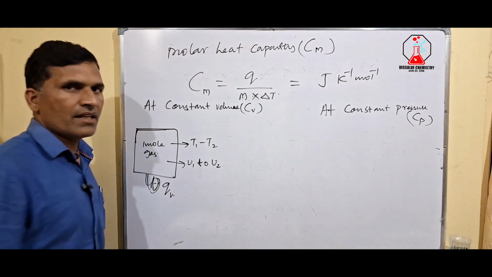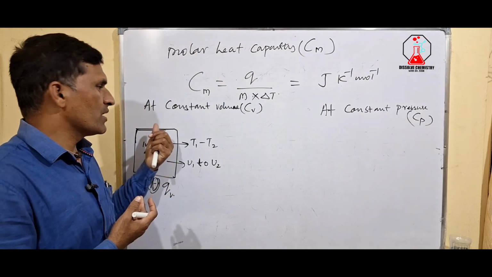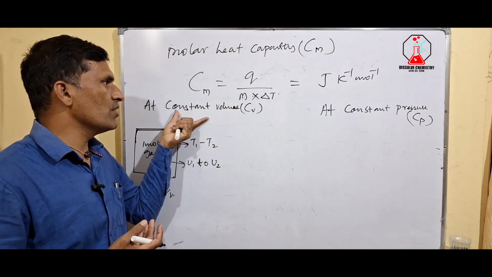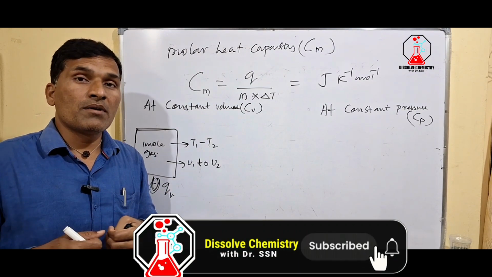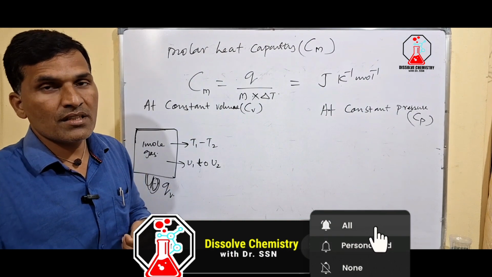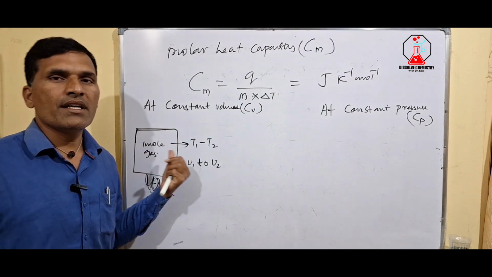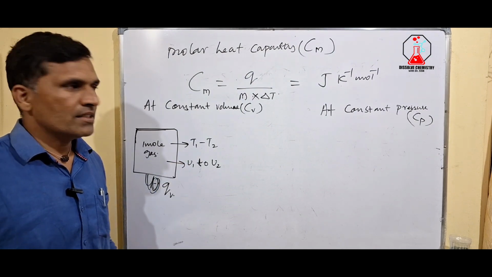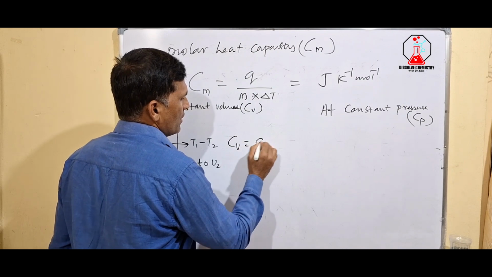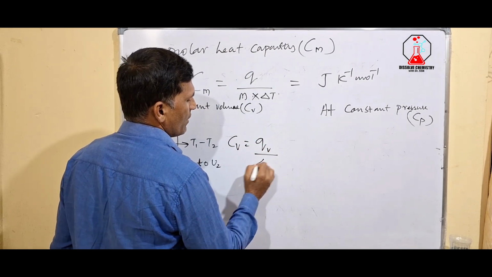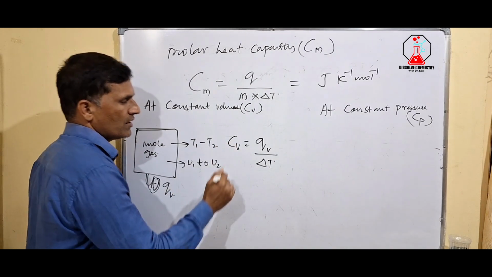Apart from that, is there any other change? We are not allowing the system to do work because it is a closed vessel, constant volume we are carrying out. So therefore, whatever heat is absorbed to bring that change in temperature is all going to convert into internal energy of the system. So now Cv is equal to Qv divided by delta T, where delta T is T2 minus T1.